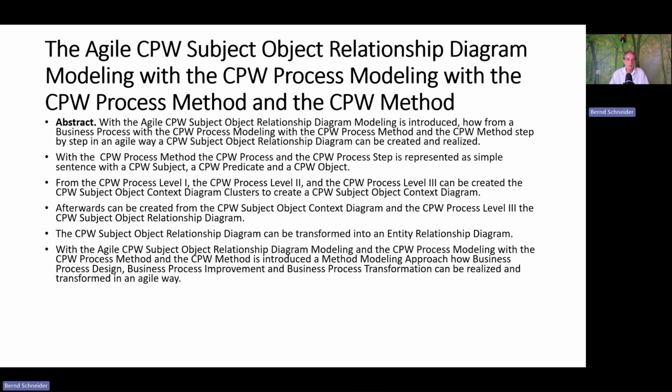From the CPW process level 1, the CPW process level 2, and the CPW process level 3 can be created the CPW subject-object context diagram clusters to create a CPW subject-object context diagram.